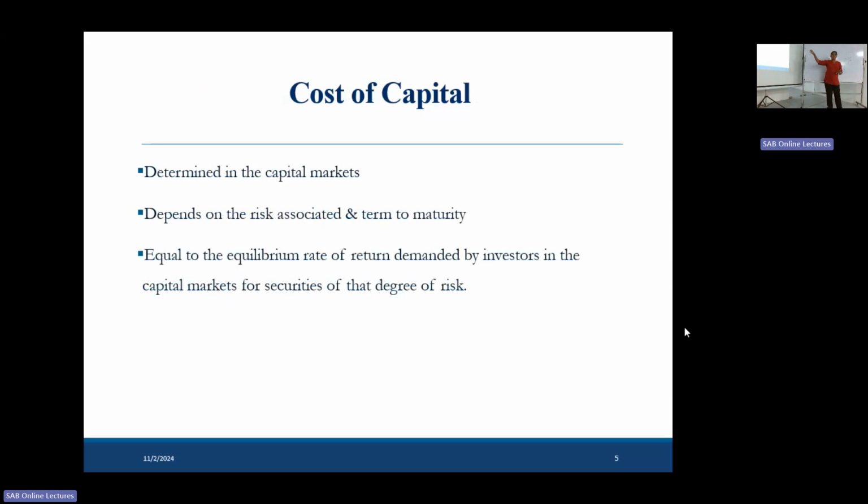So that depends on the equilibrium. You know the equilibrium point is where demand and supply intersect. So it is the equilibrium, where the rate of return demanded by investors in the capital market for securities of that degree of risk.